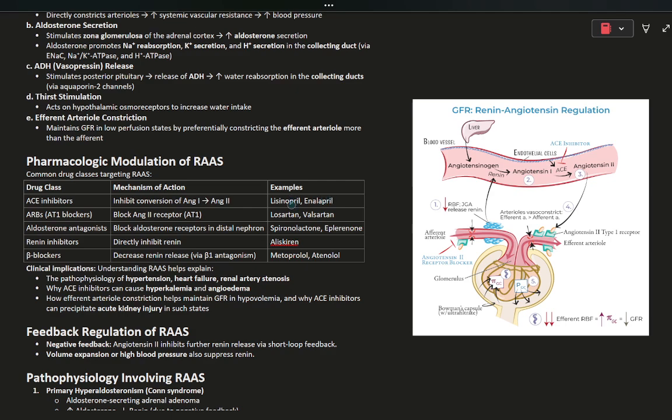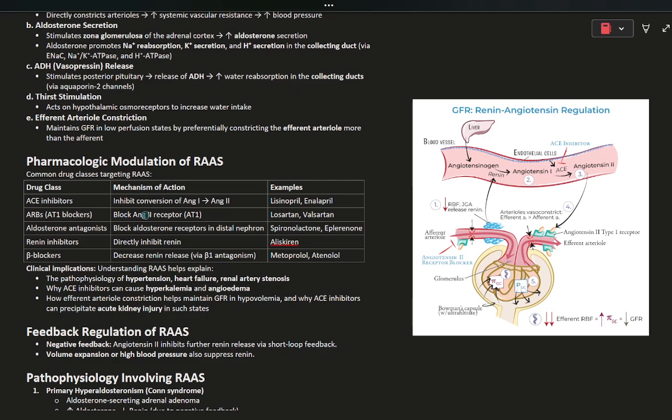Pay attention to how these drugs sound at the end, or pay attention to their suffix. The suffix pril and pril. So lisinopril and enalapril. That's how you know that these are ACE inhibitors. We also have ARBs, or angiotensin receptor blockers, also known as AT1 blockers.